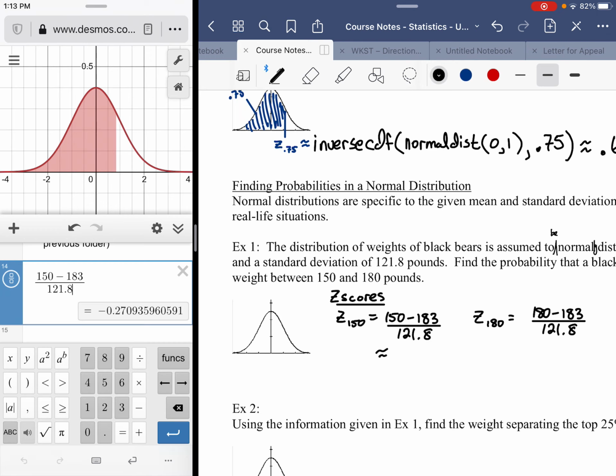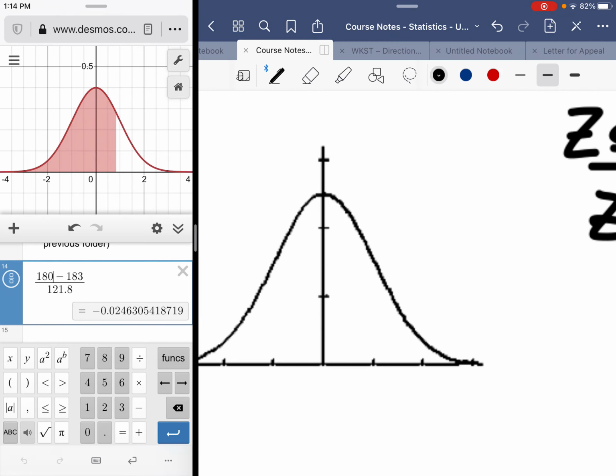So we're looking at about negative 0.271. And then I could just make that 150 into a 180. About negative 0.0246. So those are my two z-scores. Both of them are pretty close to center, one just a smidge off.